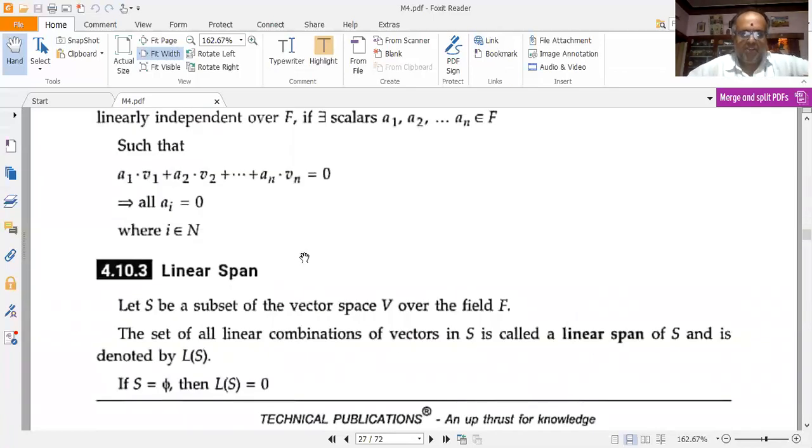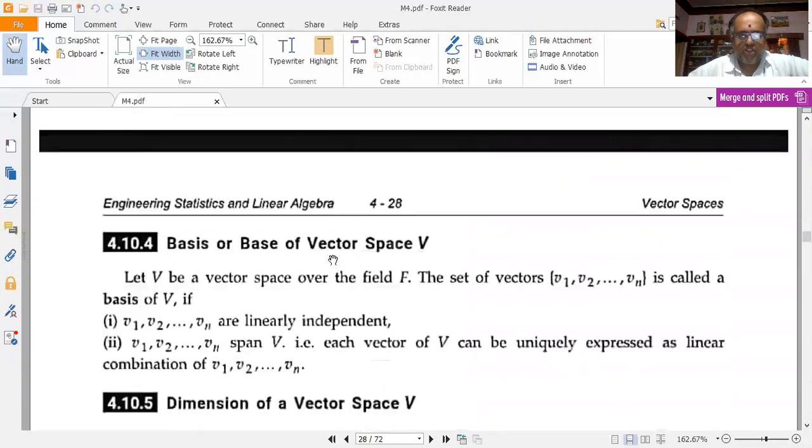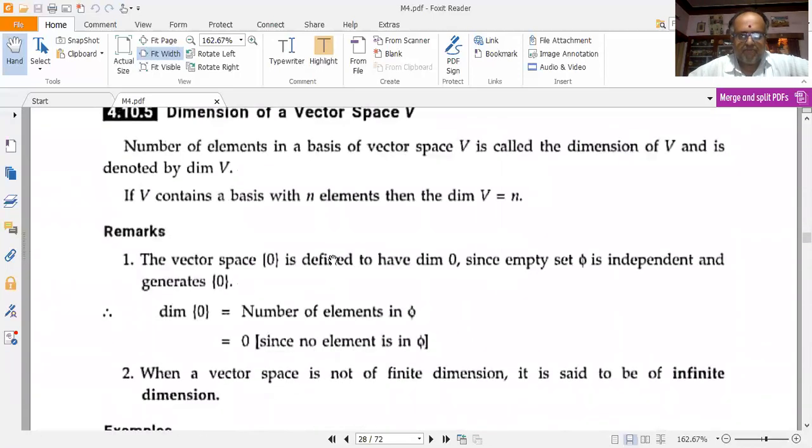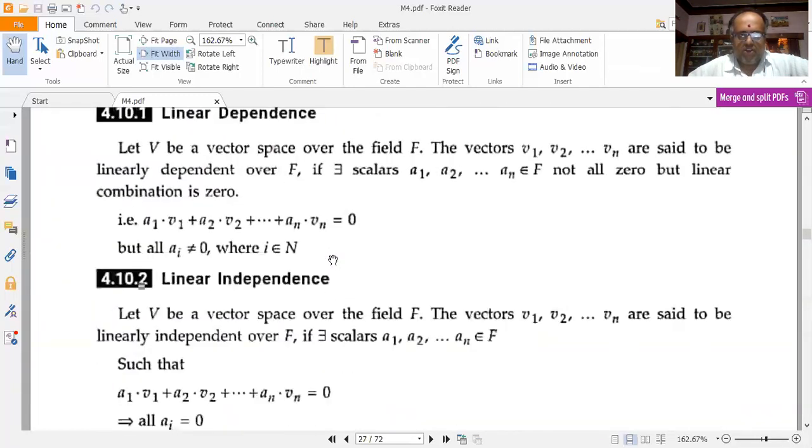Next, we should define what we mean by the linear span.